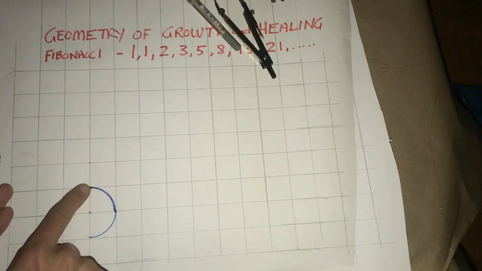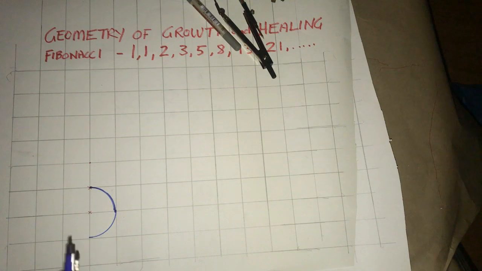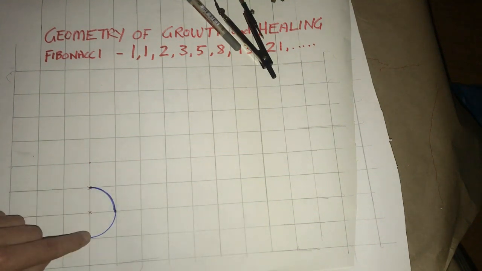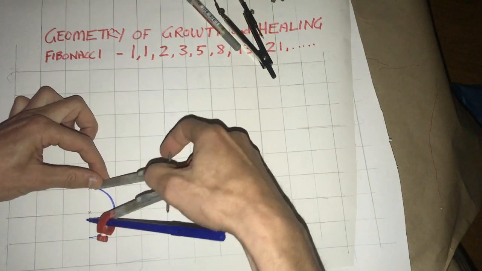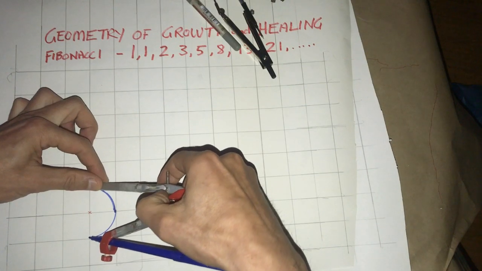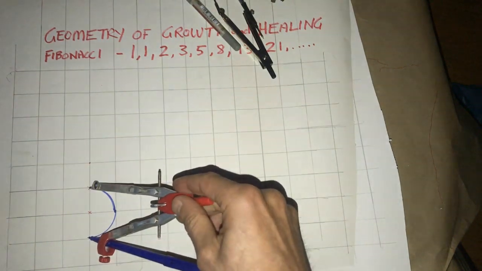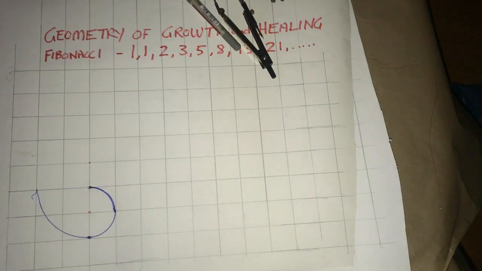Now we have 1 by 2, and that forms the largest edge. We adjust the compass again and add another quarter circle. There we go.